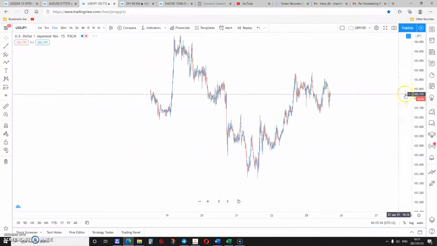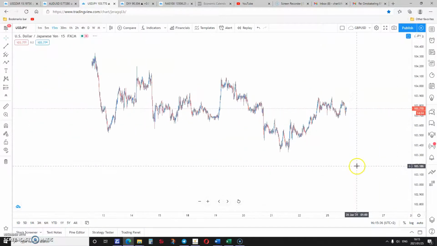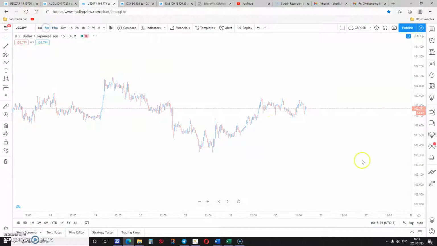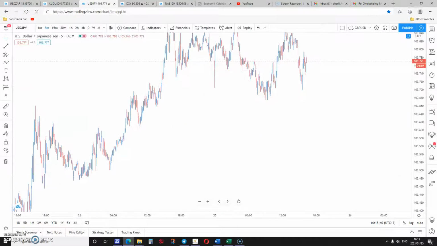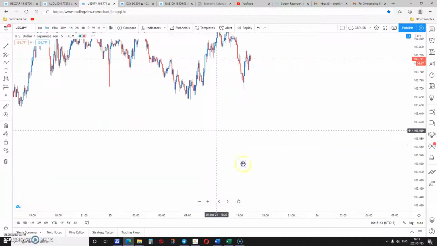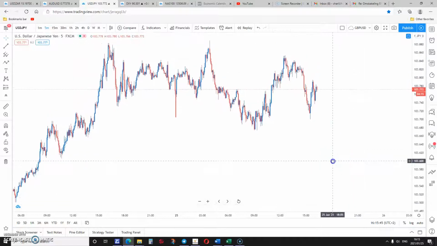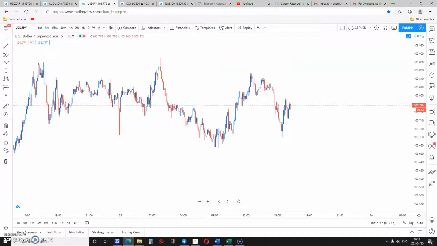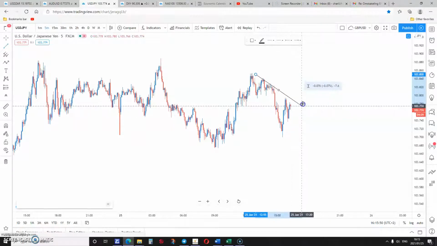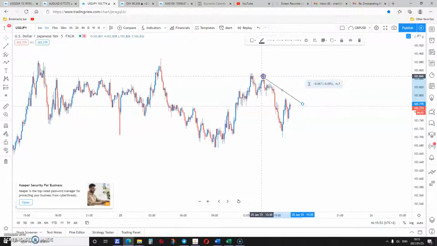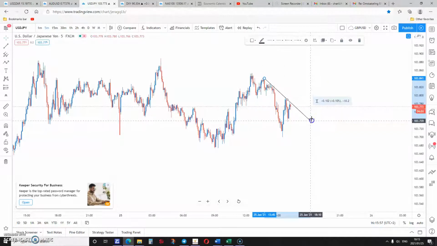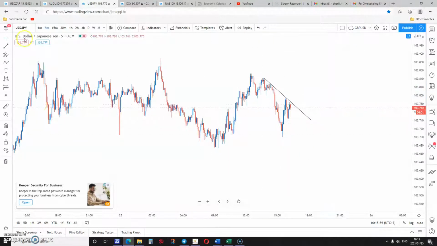So yeah, it's all dependent on what you look for. If you go on a 5-minute, you can draw a trend line on a 5-minute as well. Do that, and do something like this.